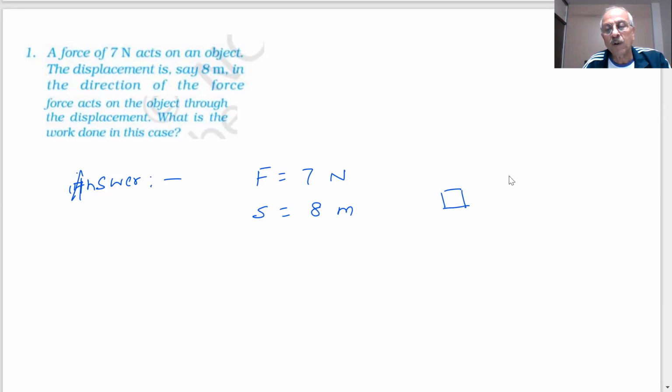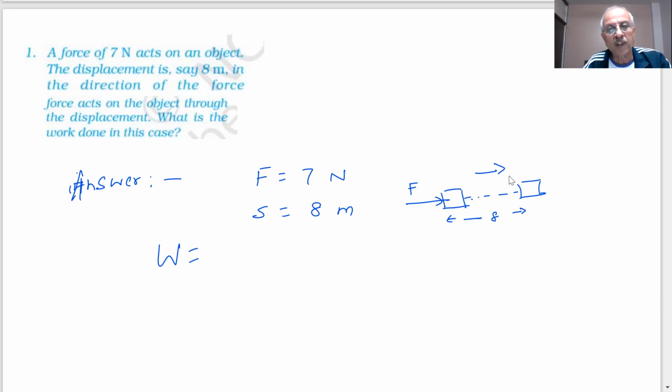So here a force is being applied in the same direction as the displacement of the object. What is this value? 8. So what will be the work done, students? 56 joule. Both force and displacement are in the same direction.